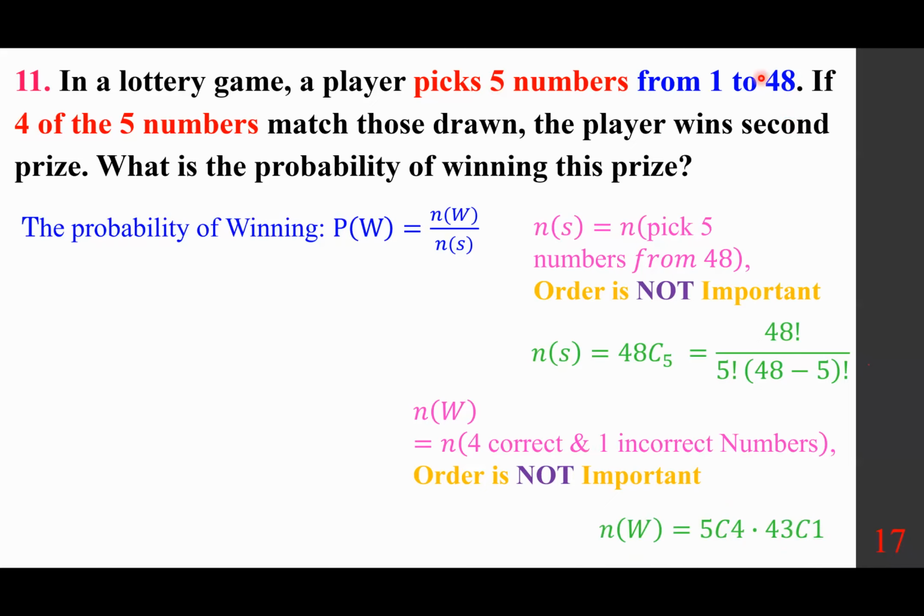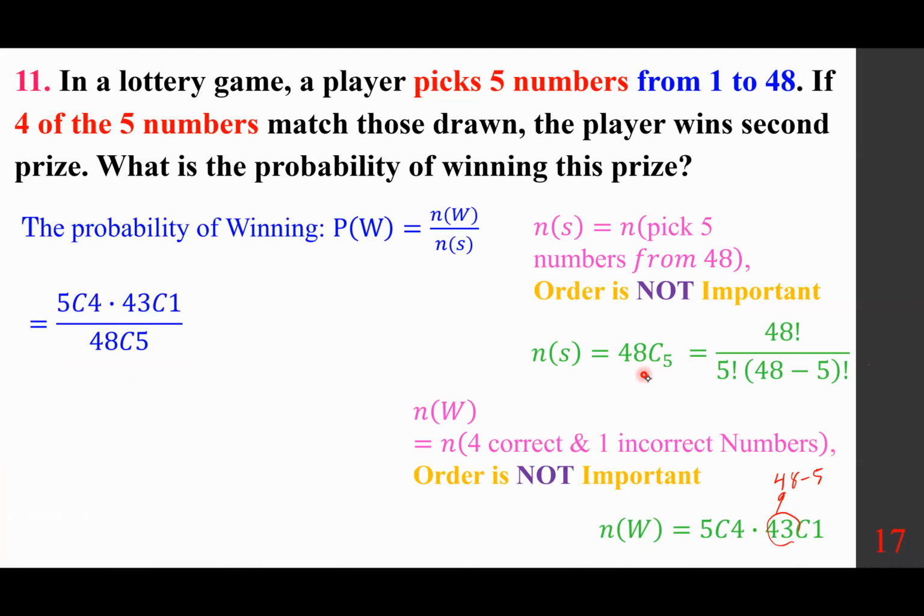Why 43? 48 minus 5. And we want 1. And so this is the numerator, and this is the denominator.